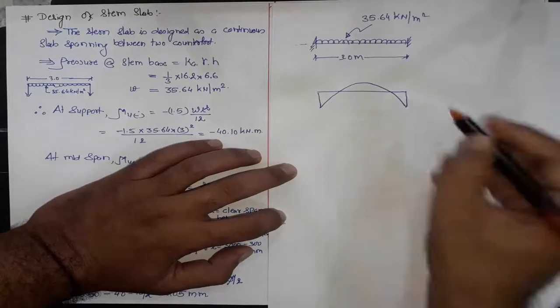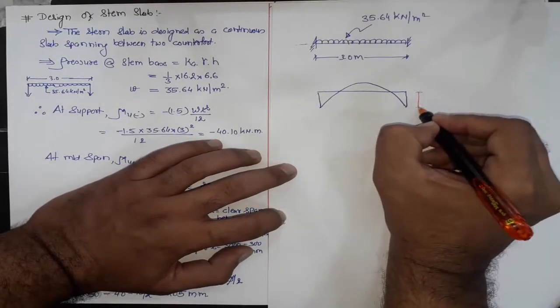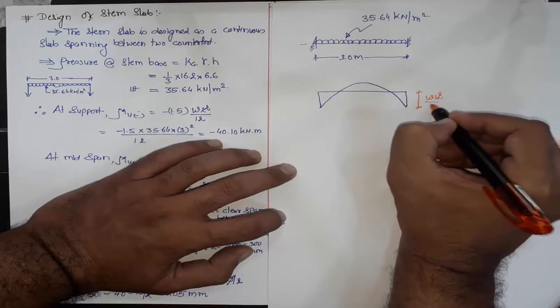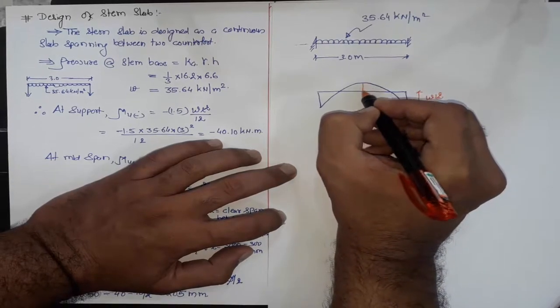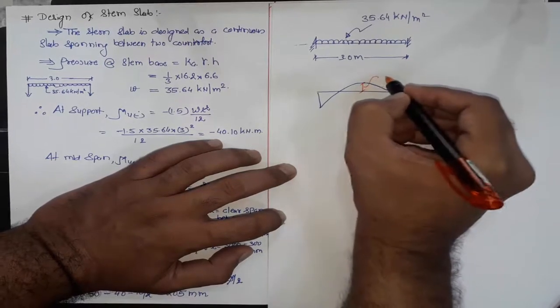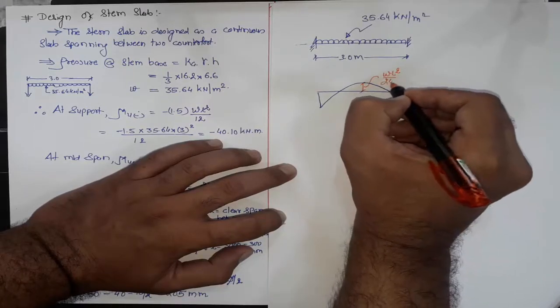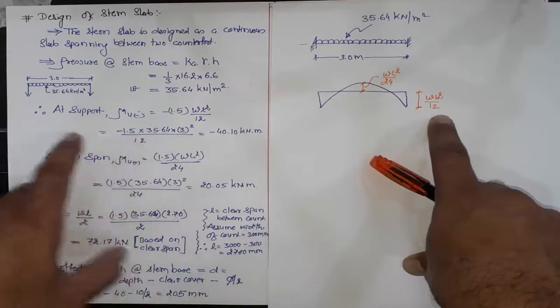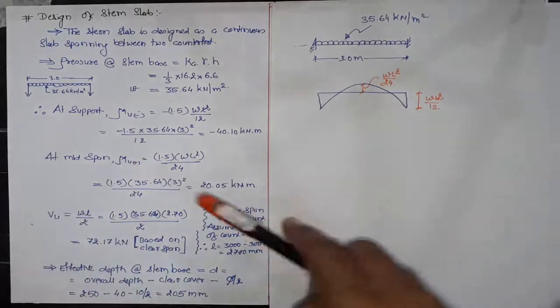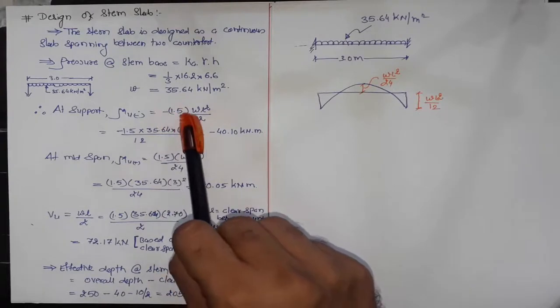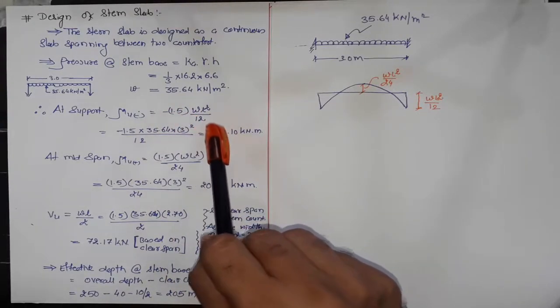where the intensity of bending moment at support will be WL square by 12, and intensity of bending moment at mid span will be WL square by 24. Therefore, at support, the ultimate bending moment will be equal to 1.5, this is the factor of safety, into WL square by 12.